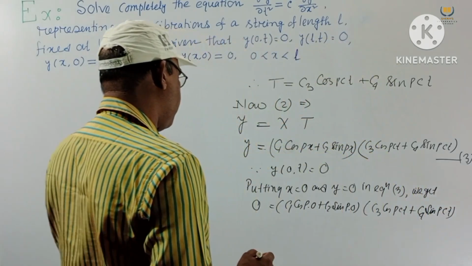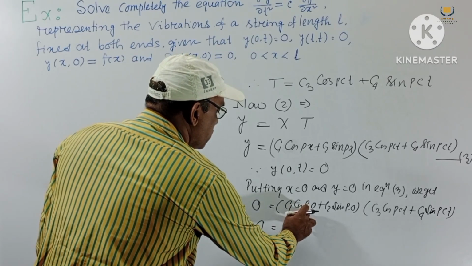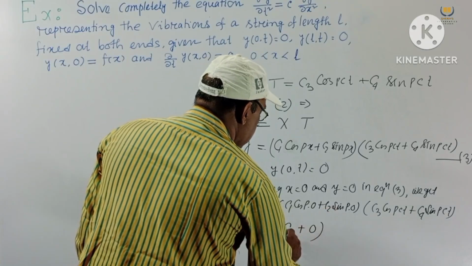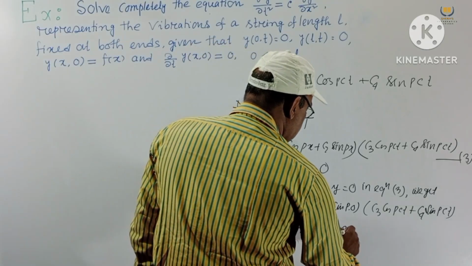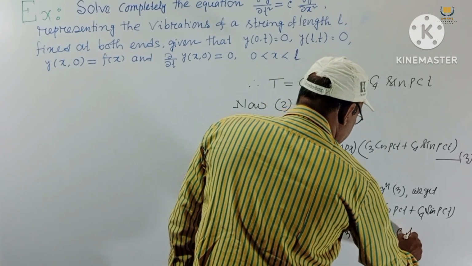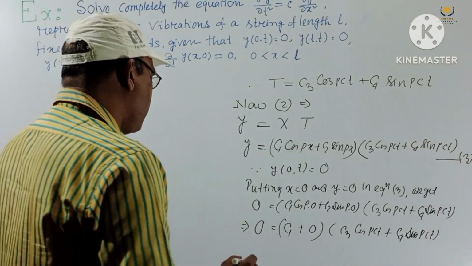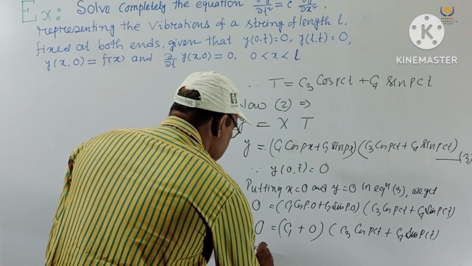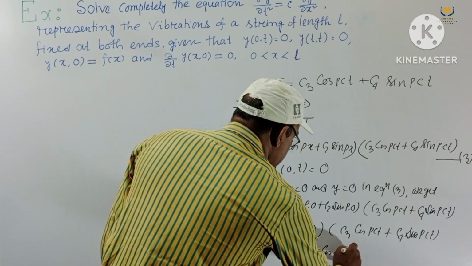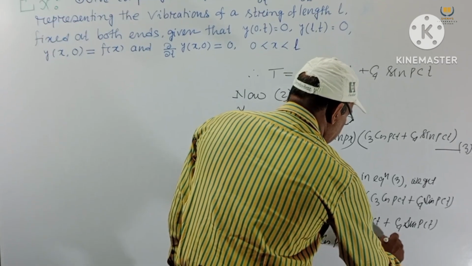This implies 0 equal to, cos 0 is 1, this is c1, and sin 0 is 0, and ultimately we get 0 equal to c1 times c3 cos pct plus c4 sin pct.